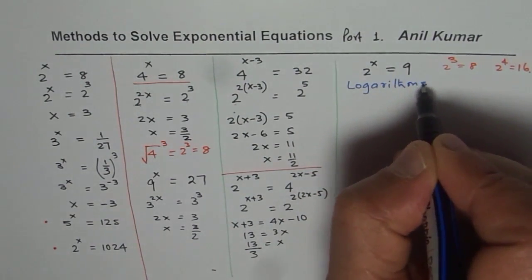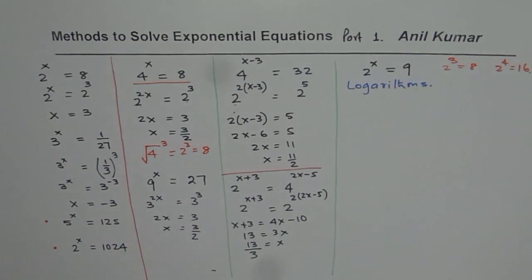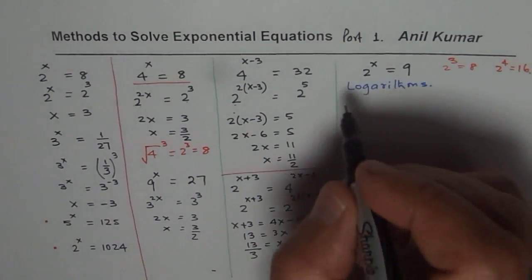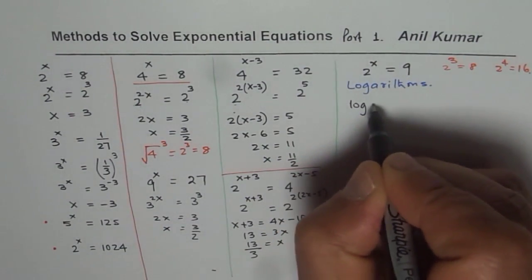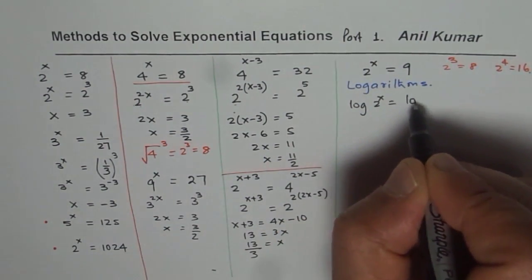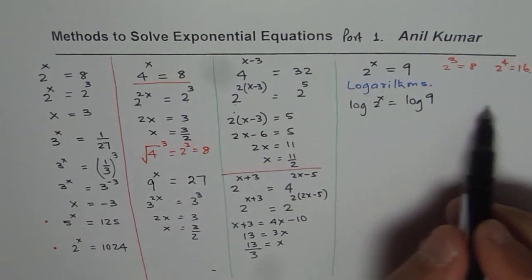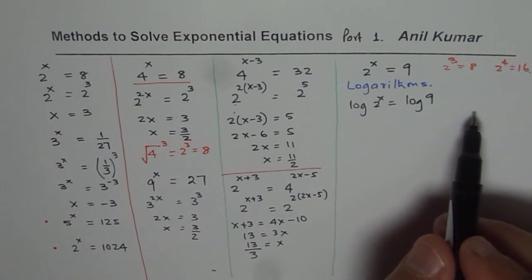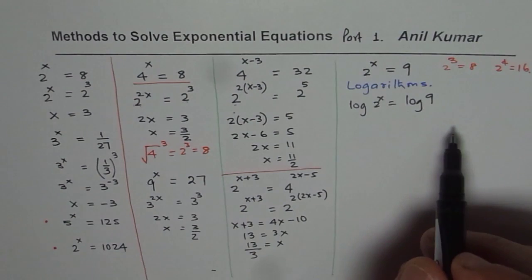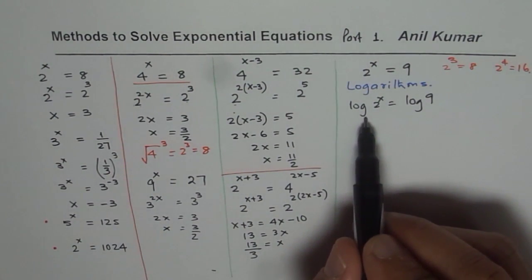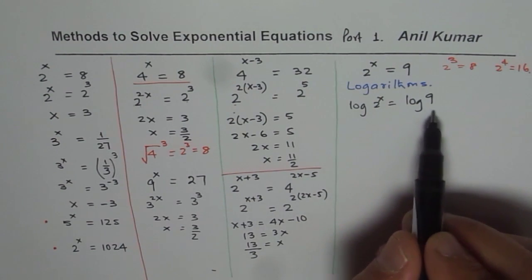And solve exponential equations. So what we can do at this stage, when you are not able to perform operations which we have learned so far, is take log both sides. So we say log of 2 to the power of x equals log of 9. I'll provide you with the link so that you understand the connection between exponential and logarithms. And also when I write log like this, the base is 10 and we can use a calculator to find this answer.